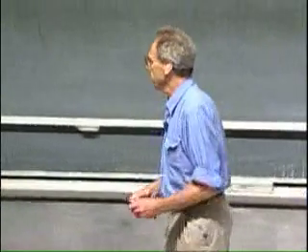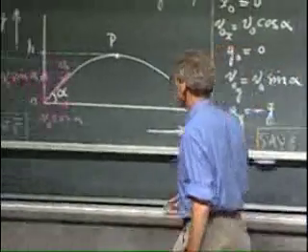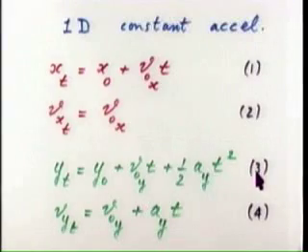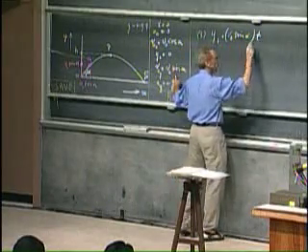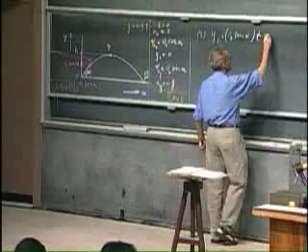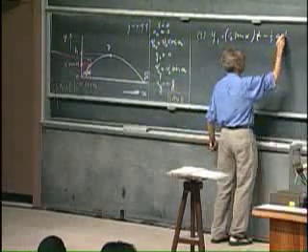I now want to ask first the question that you may never have seen answered: what is the shape of this? Well, we can go to equation number 3, and we can write down that y as a function of time equals v0y t, so that is v0 sine alpha times t minus 1/2 gt squared.